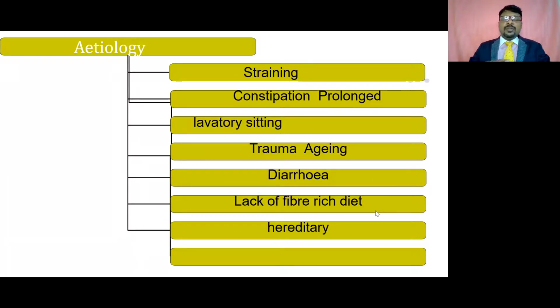These products have zero amount of fiber. Because there is no fiber, there is no free movement of the fecal materials, so it may cause tightness of the fecal materials. So it may cause constipation.